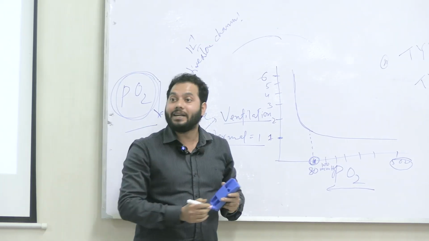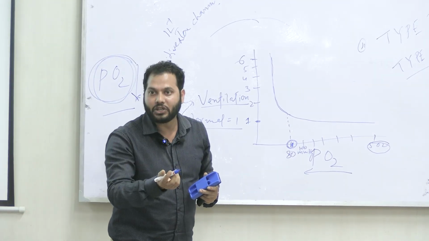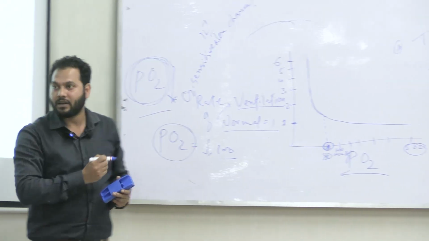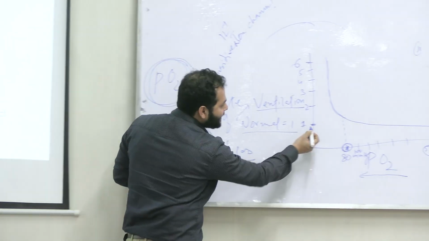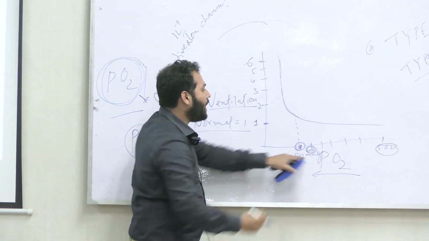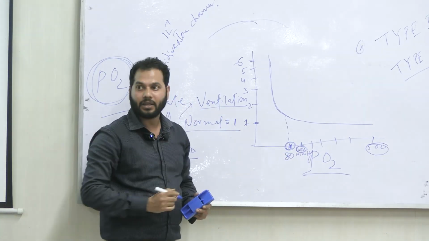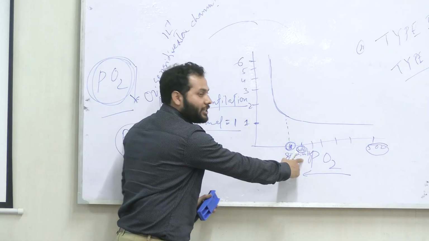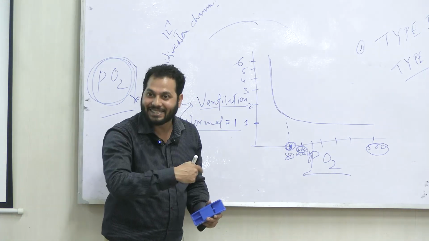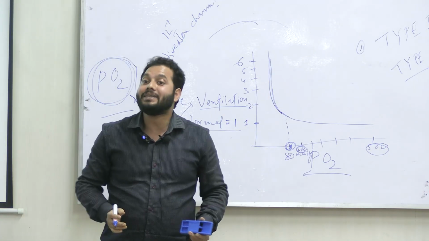The respiratory center decides about the new rate of ventilation to improve the concentration of oxygen. So that is why you can see at 100 or up to 100 millimeter mercury, the rate of ventilation was 1. But once it reaches 80 or less, suddenly the rate of ventilation increases, almost 5 times.